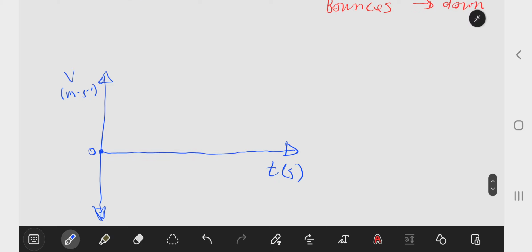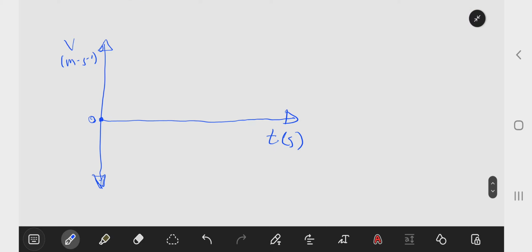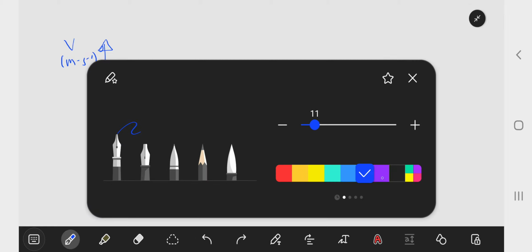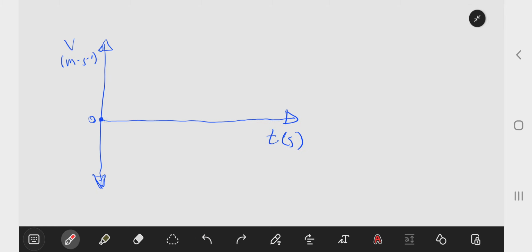So a straight line is in the form of y equals mx plus c. So let's say, for example, we have a graph like that. Okay, let me use a different color. So we have to answer the first two questions, right? Question number one is, was this a drop or a throw?